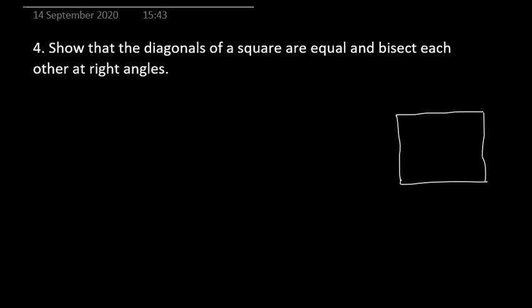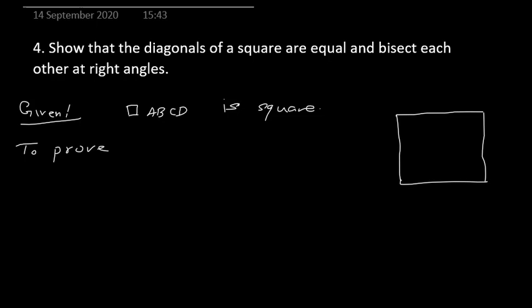So here I will say, given that ABCD is a square, and we have to prove that the diagonals of the square are equal.